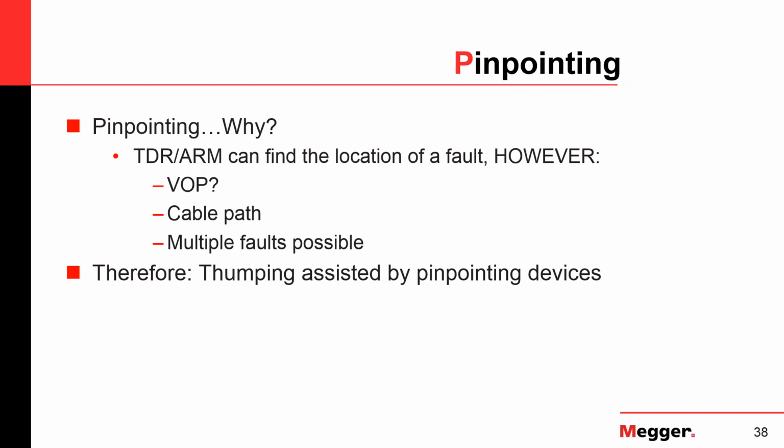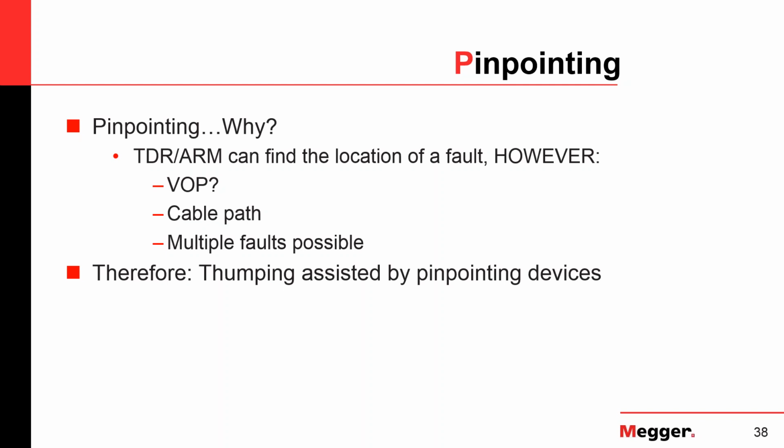Then the distance is correct, but it's physically at a different spot because the layout of the cable is different. And also, the reason you have to do pinpointing is you always have the possibility, the nasty situation, that you have multiple faults on the same cable.